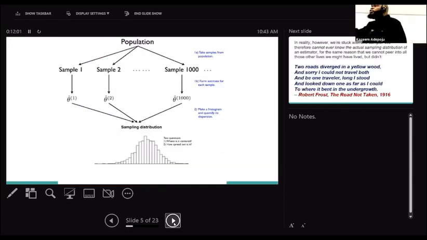Now, this is the situation. The one we were using before, this is what we assume. We have a population. Let's say, for instance, I really want to know the average household income in the United States, and all of us in this class are working on that same subject. We go into the American population. You go, I go, everybody goes.